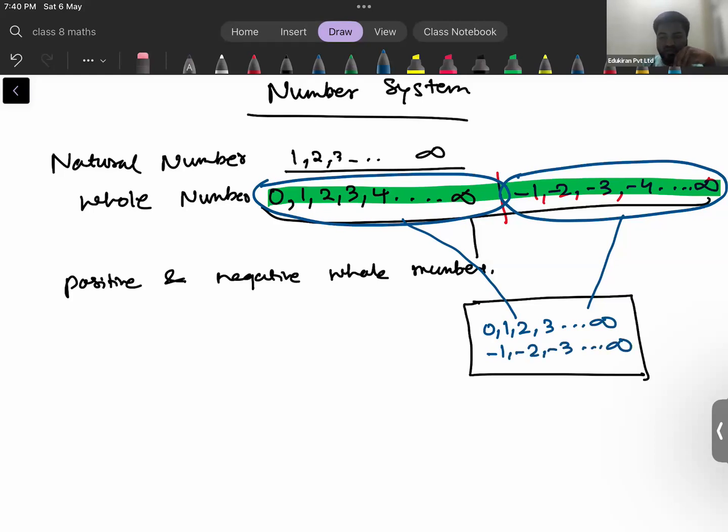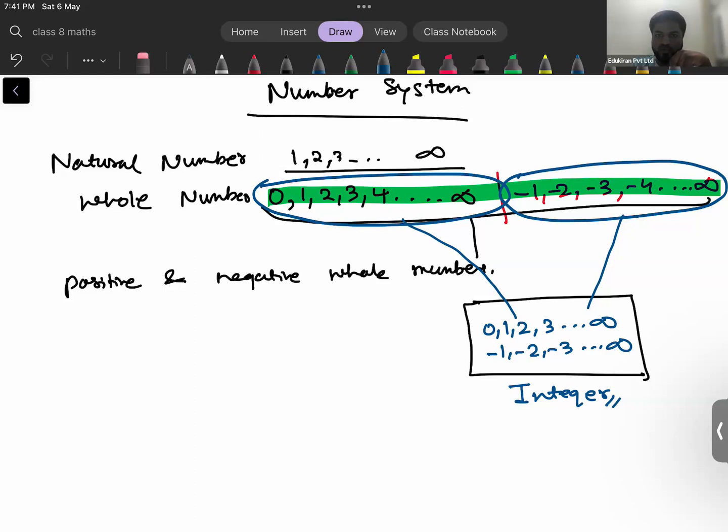This collection of positive and negative numbers in this box will all together be called integers, right, Ahmed? Yes, sir. So integers are basically the collection of positives and negatives of whole numbers. I hope that's clear now, right?